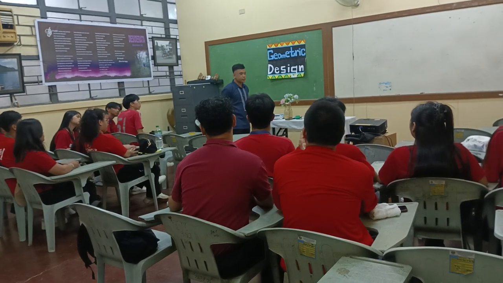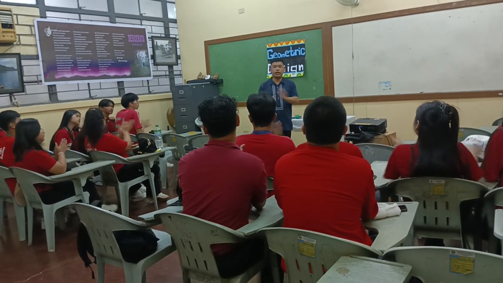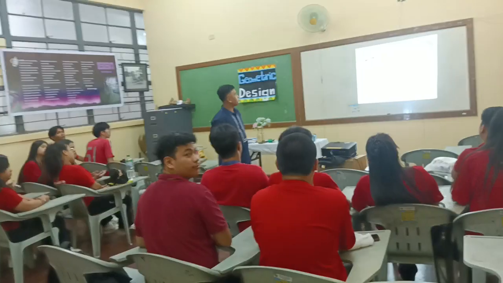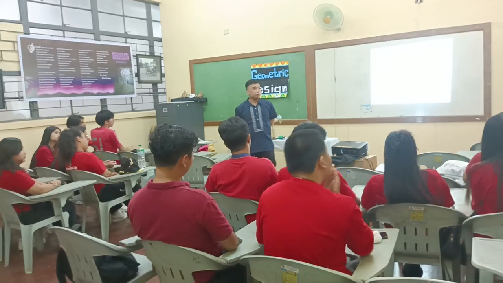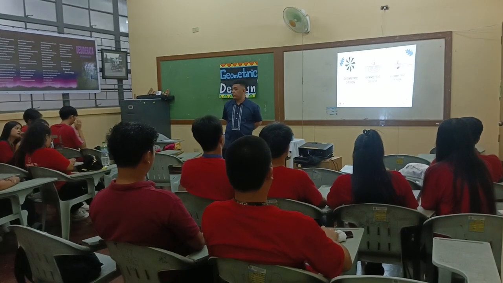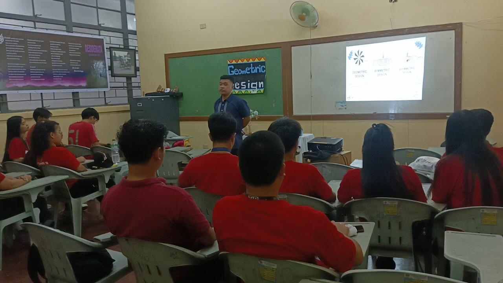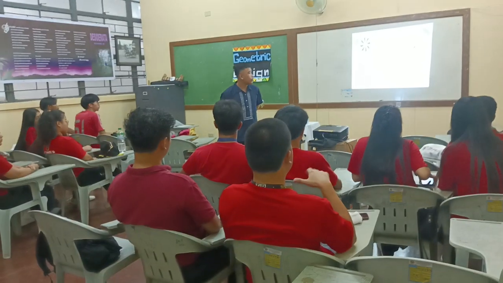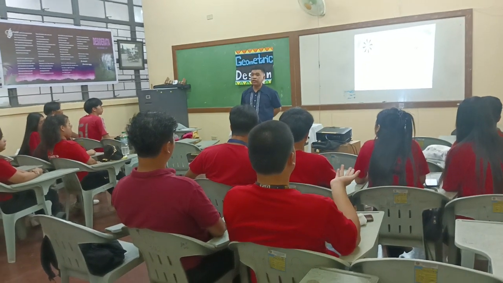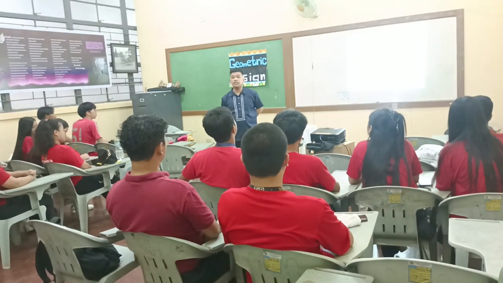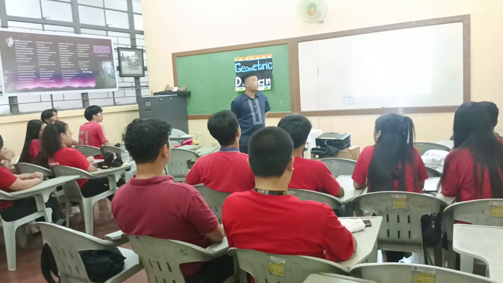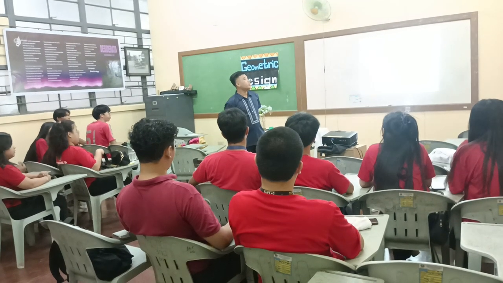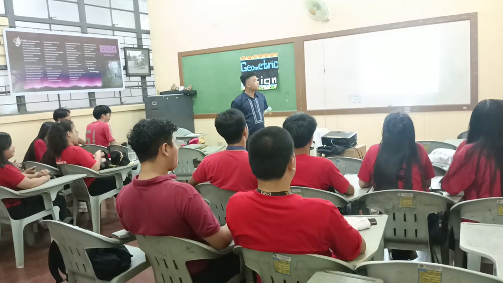Again, class, please give yourself a round of applause, because you are done. So let us go back. Today we are talking about geometric design, which has different symbols, different shapes, and different curves. We are also talking about symmetric and asymmetric design. When we say symmetric design, it has equal design, and when we say asymmetric design, it has unequal design.